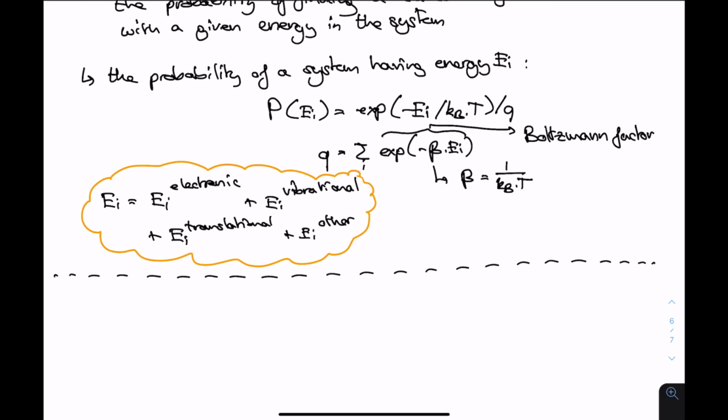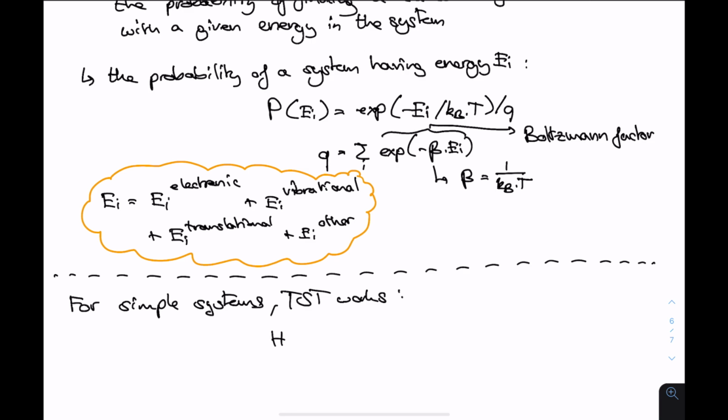So for simple systems, transition state theory works. Like if we have this reaction, gas phase, right?